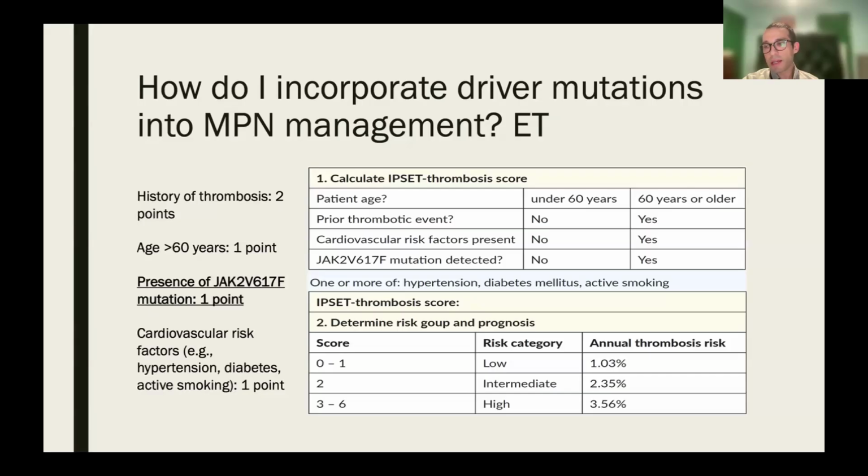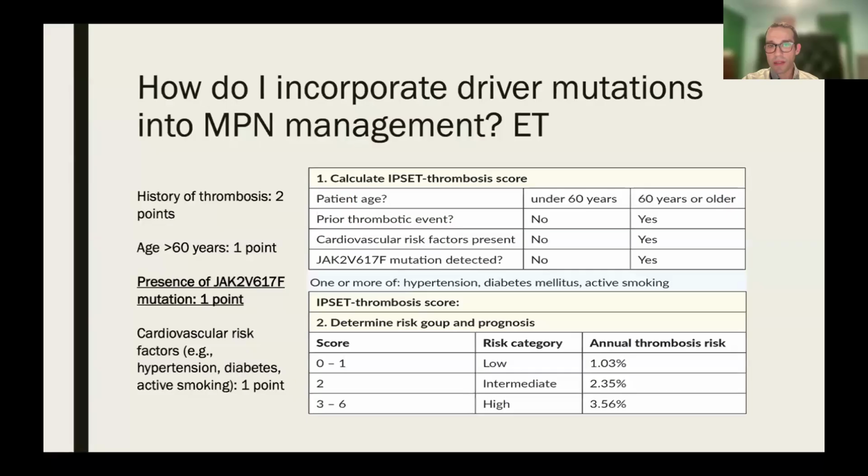And so if I have, let's say, a 65-year-old patient who's otherwise in great health and has no cardiovascular risk factors, has no history of thrombosis, but does have a JAK2 mutation, I will be more likely to recommend hydroxyurea or some other therapies versus an older person, let's say, without a JAK2 mutation, without any cardiovascular risk factors, etc. But each of these things cannot be taken into account by themselves, right?